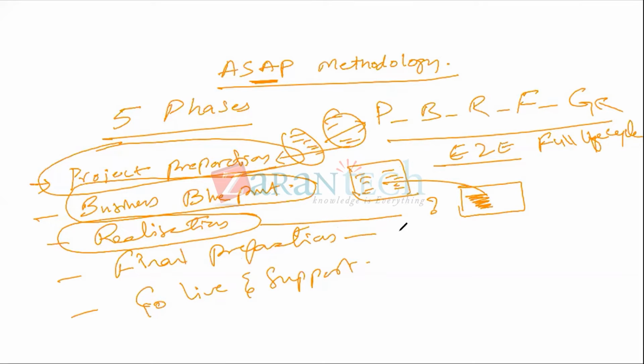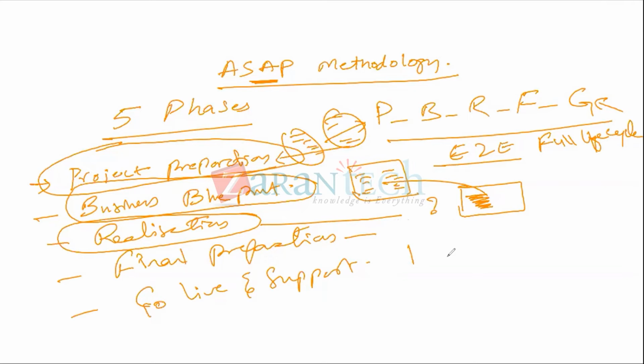Final preparation is about how well the client's data is moved from a legacy system to the SAP system, how well the training for end users has been deployed, and then the final preparation to move into the go live stage.